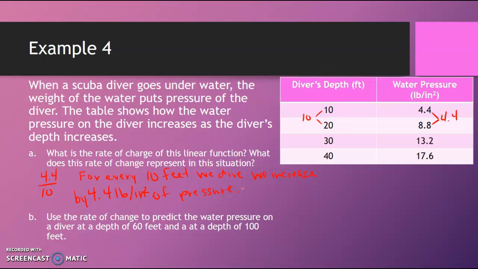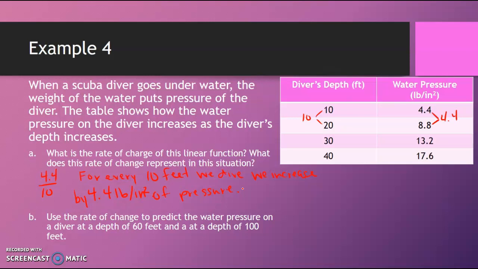So every 10 feet we go down, 4.4 pounds per square inch of pressure is added on. Or there's 4.4 pounds per square inch of pressure for every 10 feet we dive. And so either way that's worded, that's how we would come about it.